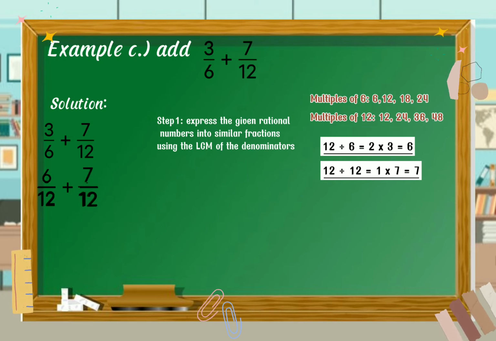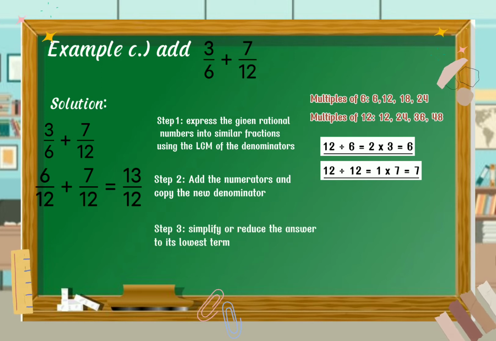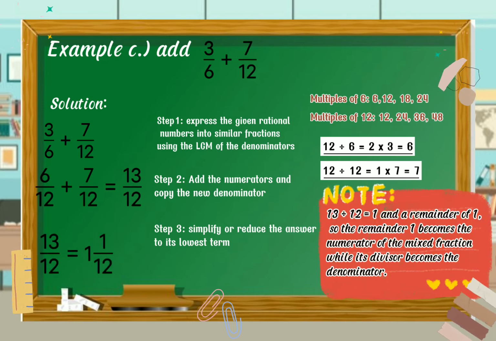After doing so, let's perform the second step, which is to add the numerators and copy the new denominator. So here we have 7 plus 6/12, which is equal to 13/12. Now, we are ready to perform step 3, which is to simplify or reduce 13/12 to its lowest term. As we simplify, we get 1 and 1/12 as its lowest term.